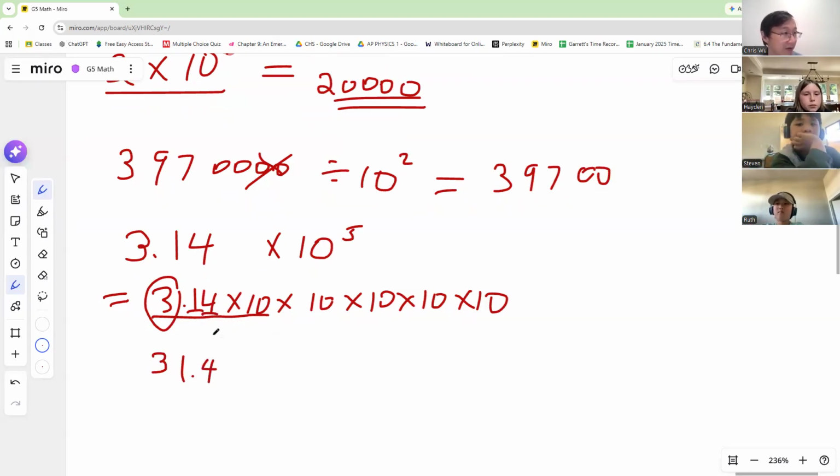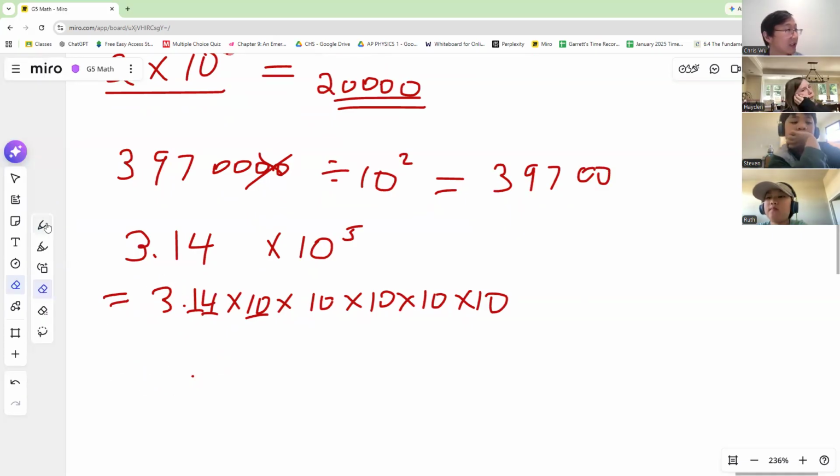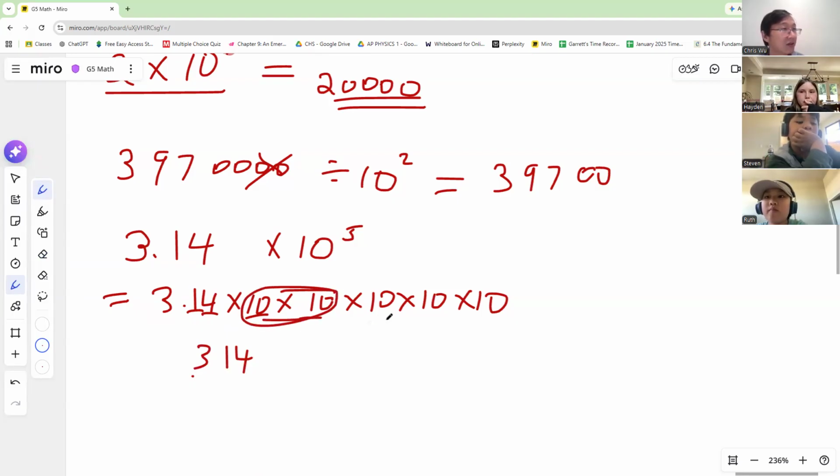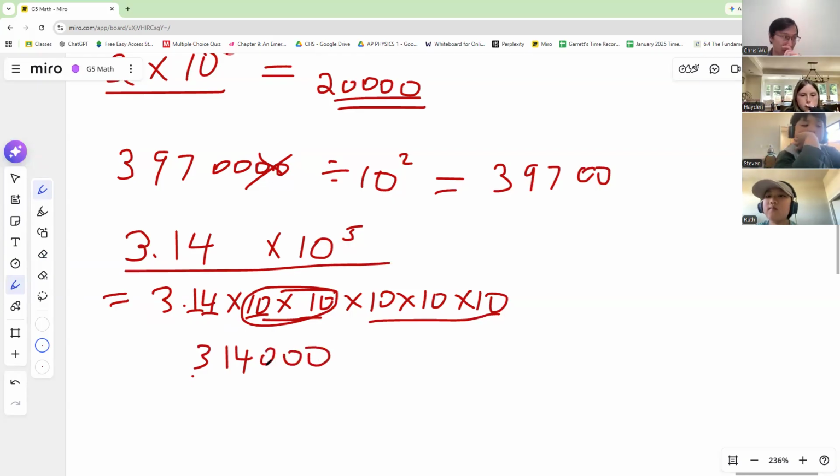I'm literally moving everybody up by 1 digit. And then if I multiply by another 10, I'm making them 10 times bigger again. So I get 314. So at this point, I already used up 2 of the 10s. I need to use 3 more, so I get 3 more zeros. So 3.14 times 10 to the fifth power, I added 3 zeros at the end.